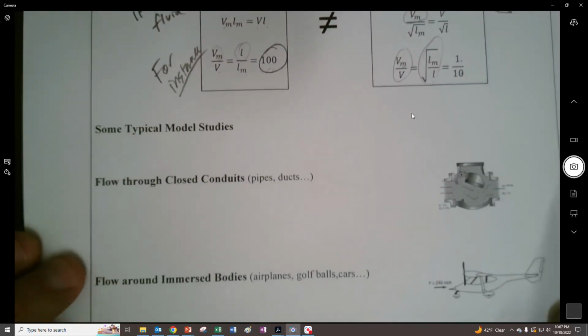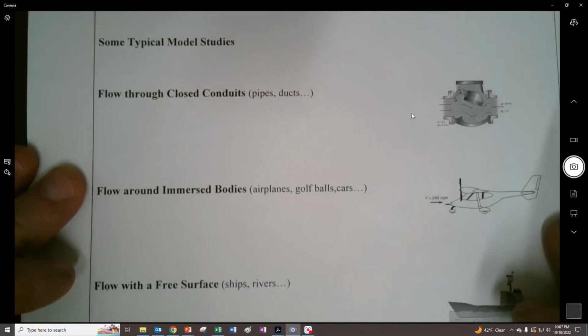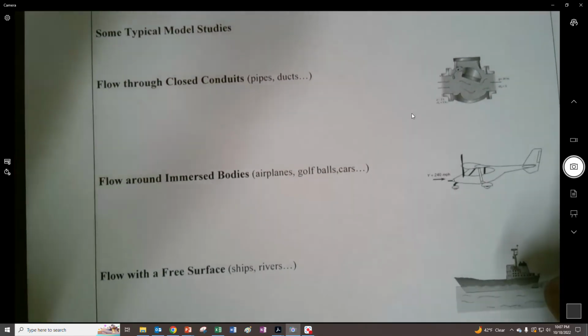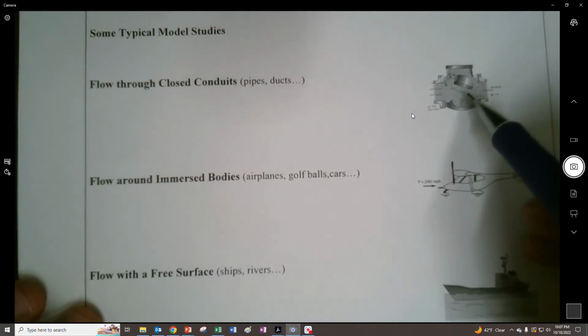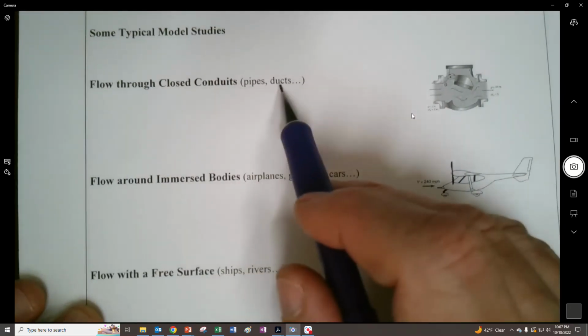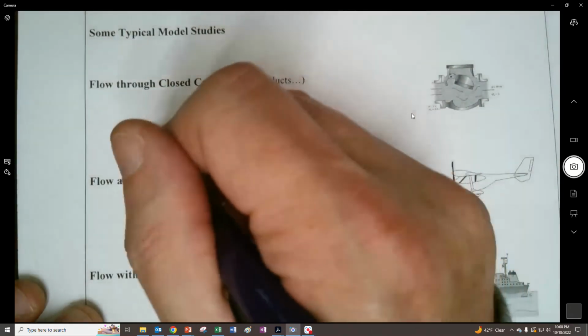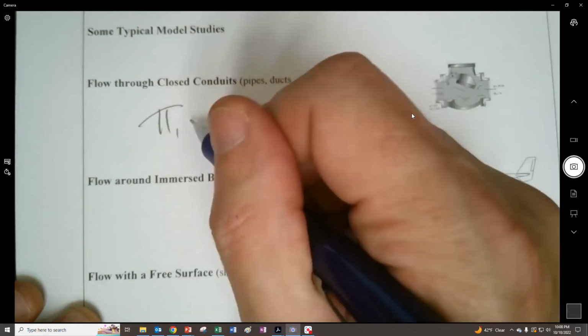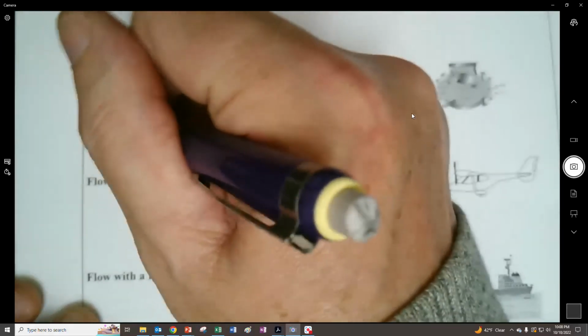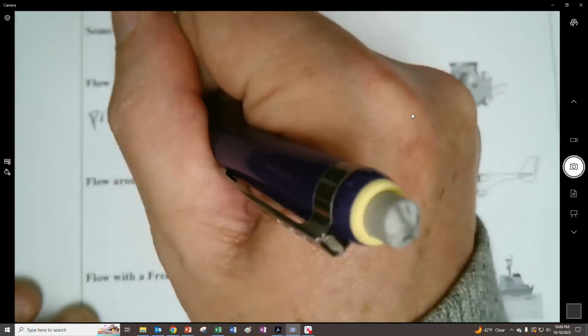So there are a lot of common typical studies that show up, and one very common one is flow through pipes and ducts, where we might have a primary pi term. So let me write that. I'm just not going to say what it is.